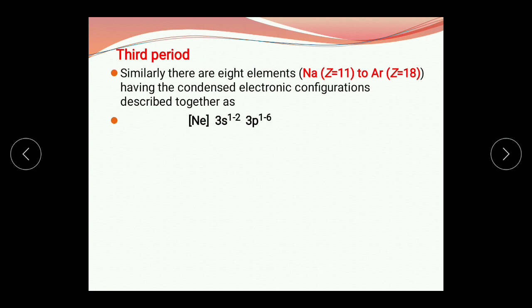Neon in the square bracket indicates that up to neon, the electronic configuration is there in the square bracket. So neon means 1s2, 2s2, 2p6. We don't have to write the complete electronic configuration every time. We can write a condensed or short electronic configuration like this. Neon has electronic configuration up to the second shell. Second shell is complete with neon.